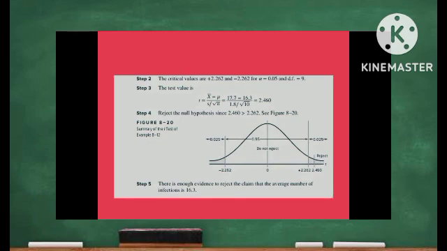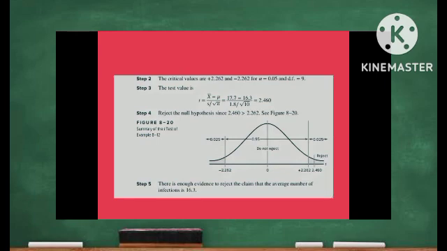If you want to determine it easily, we need to use a bell-shaped curve, and we put our critical values on the two sides of the normal bell-shaped curve, negative and positive: negative 2.262 and positive 2.262.